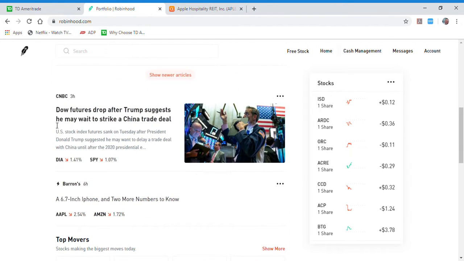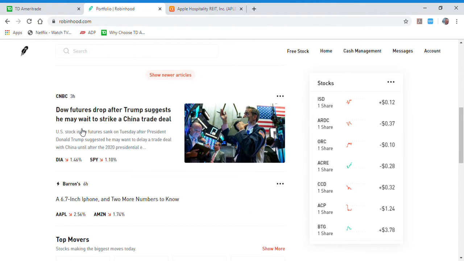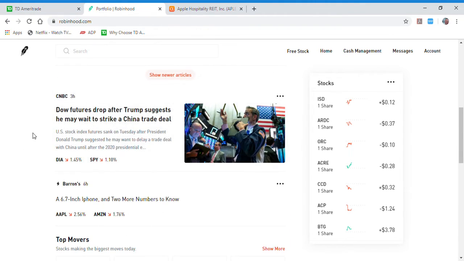Anyway, Robinhood on their homepage has the news. Look, Dow futures drop after Trump suggests he may wait to strike a China trade deal. Oh my goodness, the news is affecting the daily price of the stock. Okay, but if you'll go actually look at the dividend of these stocks, they're not changing today.